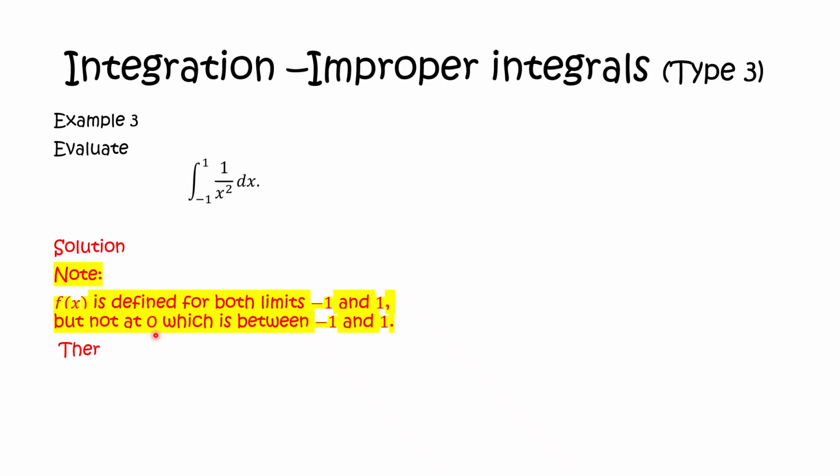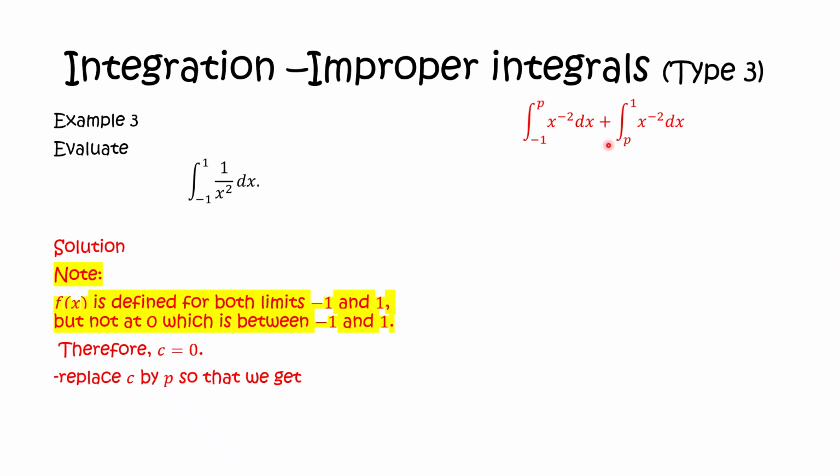So now how do we go about this? We replace c by p so that we get the integral from -1 to p of x to the power -2 dx plus the integral from p to +1 of x to the power -2 dx.